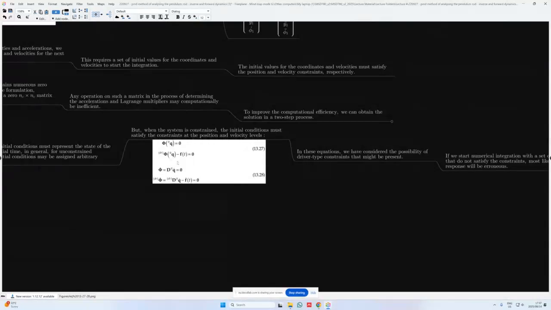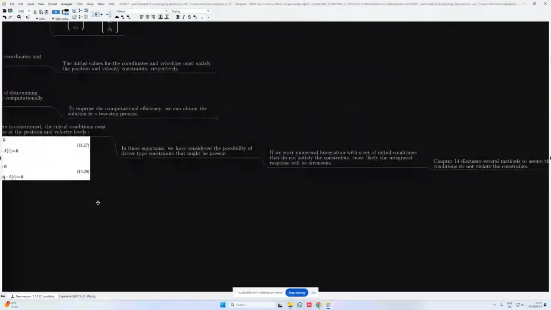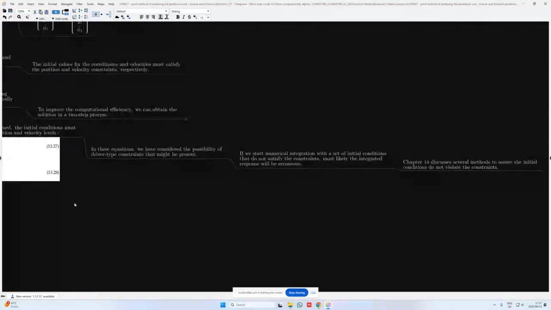Then we just find the derivatives, and this is given in equation 1328. In these equations, we have considered the possibility of driver type constraints that might be present. If we start numerical integration with a set of initial conditions that do not satisfy the constraints, most likely the integrated response will be erroneous.